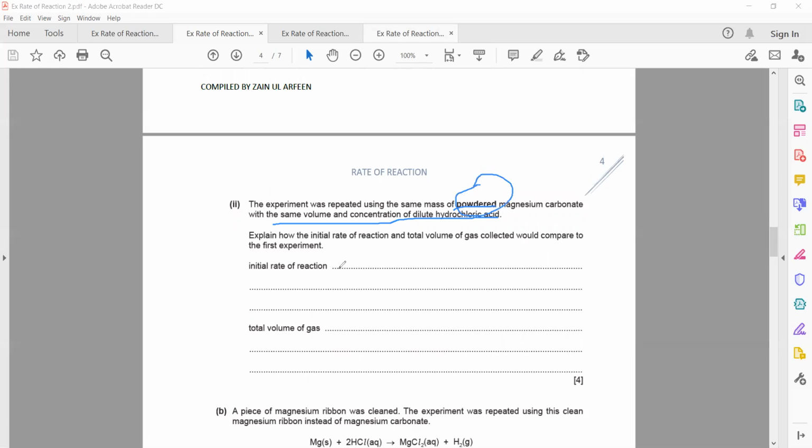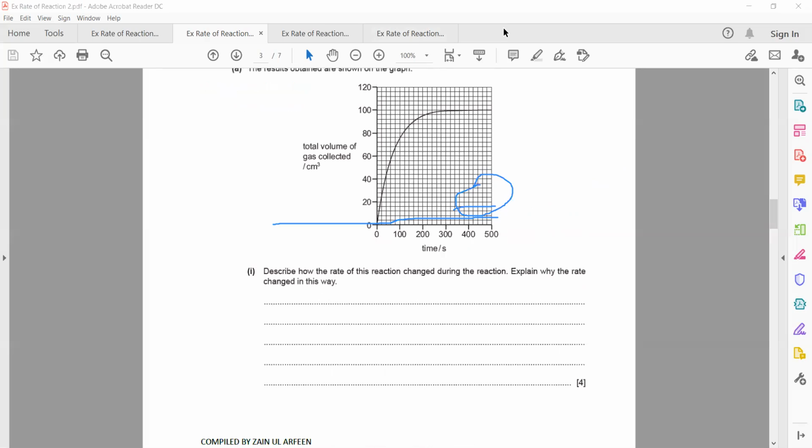So if we are using powder, it will have a large surface area, so the reaction will be faster. So if we use powder, what is the expected graph? It will be steeper because the powder will have a large surface area. So it will be steeper, but the final volume will be the same.